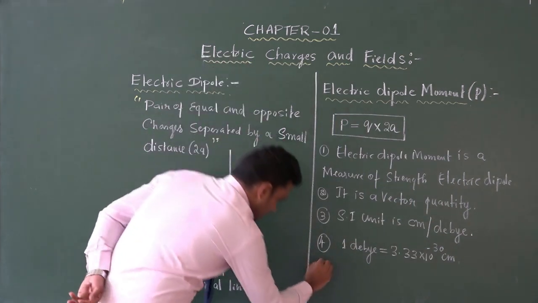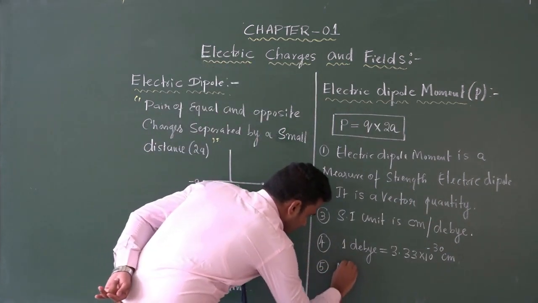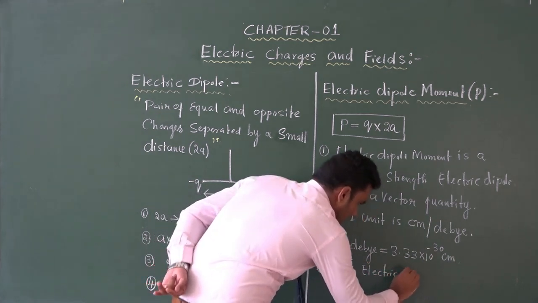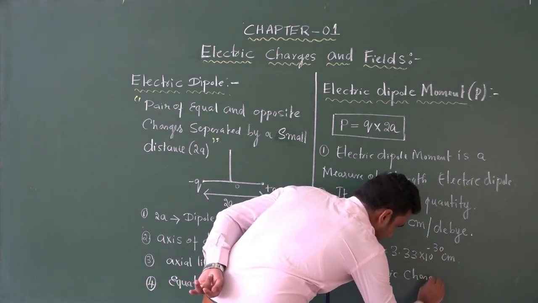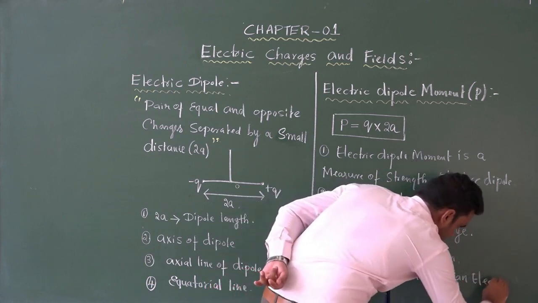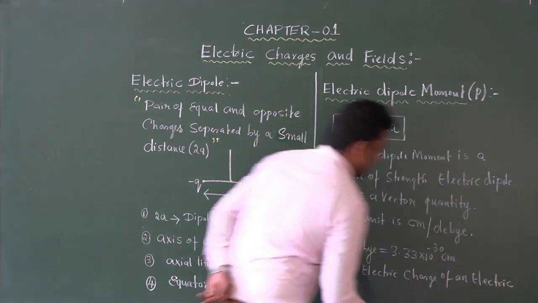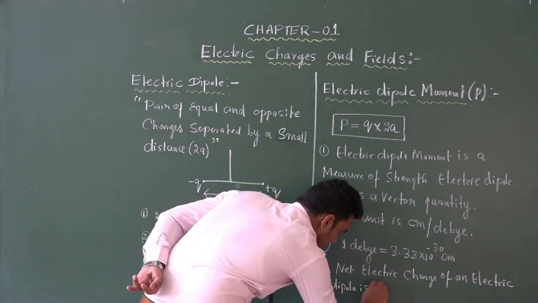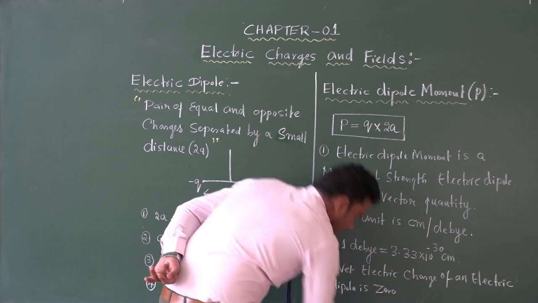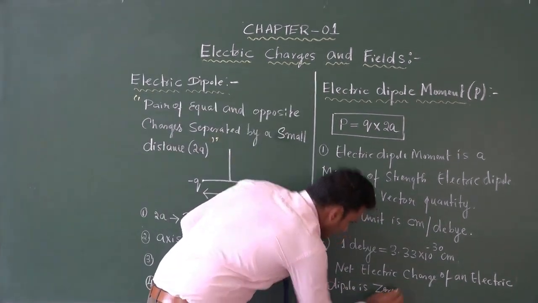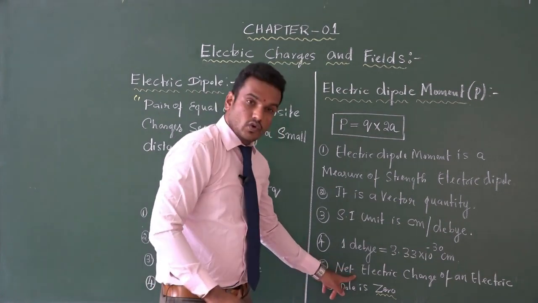And one more thing you can observe, the net electric charge of an electric dipole is 0. Look at the last point. Net is nothing but total.